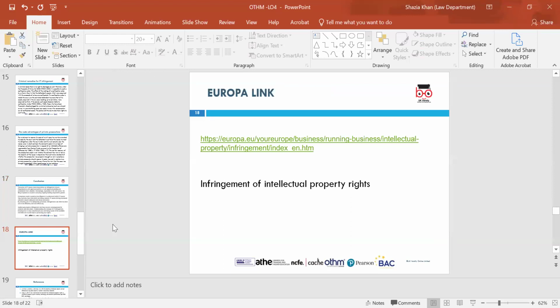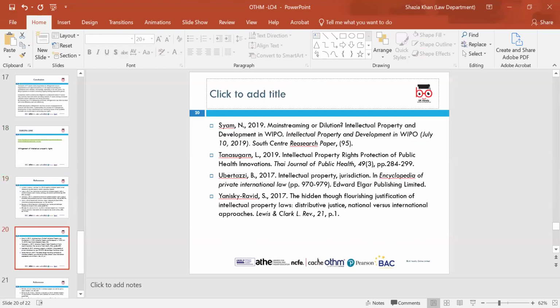The final slide here is a link to Europa Link, and it looks at an article on infringement of intellectual property. It's quite an interesting one, and I've put a link on there for you to look at. Just click on that link and it'll take you straight to the article, for additional reading that you can do to help support your assignment. And these are the references that we've used for today's session.